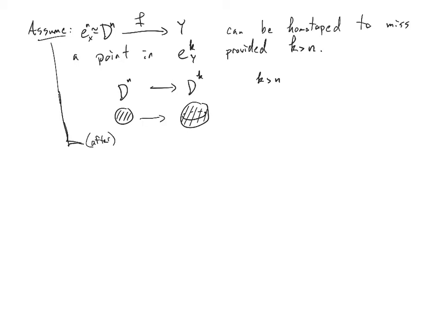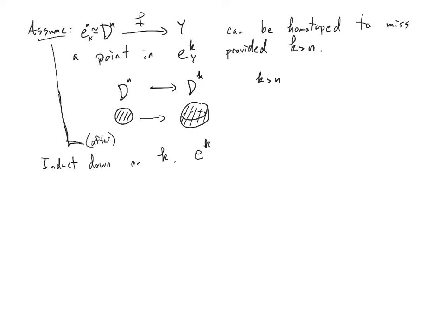So induct. It's really not an induction, but we're doing an induction on a finite set. So induct down on k. So pick a random k-cell where k is maximal in this set.